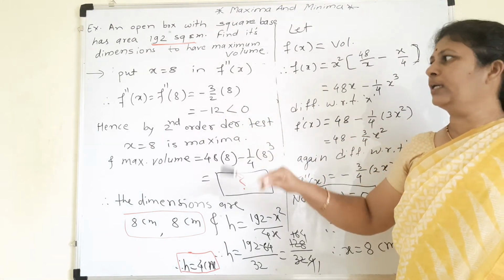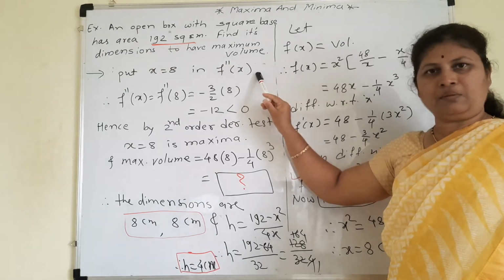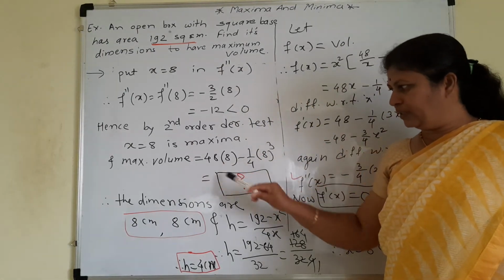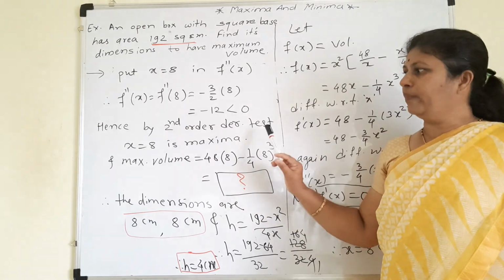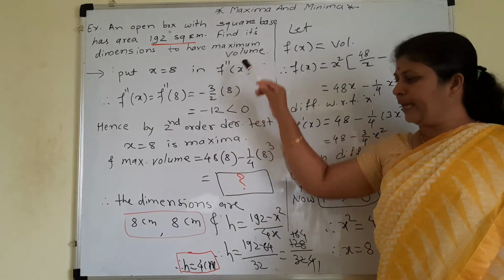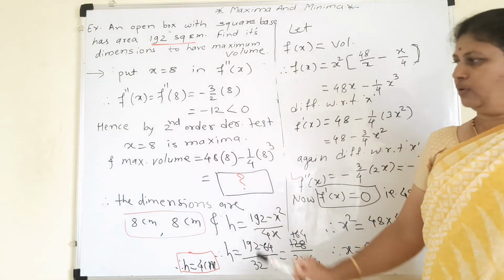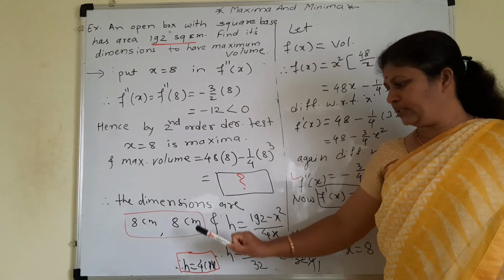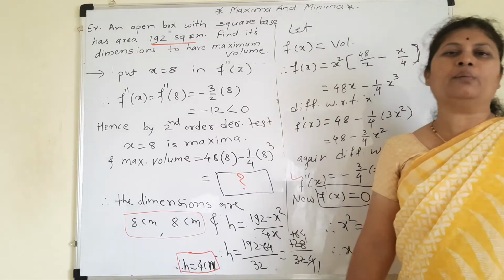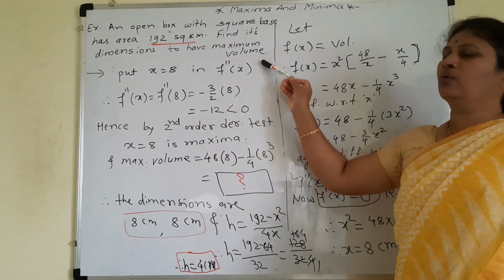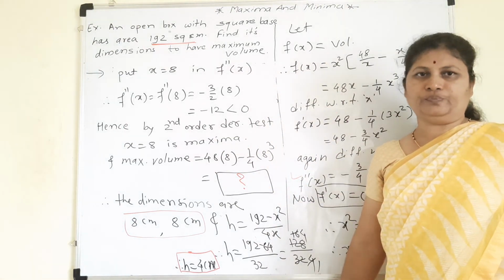So by second order derivative test, volume is maximum, and for this maximum volume we will get the dimensions x, h. This is your answer. 8 centimeter, 8 centimeter and 4 centimeter will be the dimensions of that box, so that you will have maximum volume. Got it?